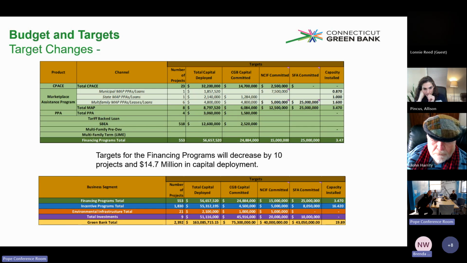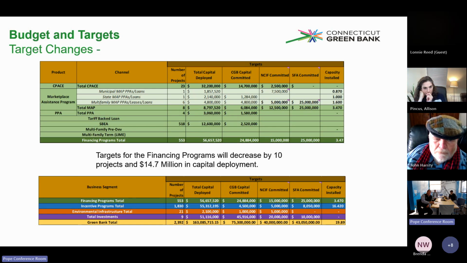Our SBA, the Small Business Energy Advantage, that's in line with the original forecasts. We're proposing two changes, one on the Marketplace Assistance Program and one on the PPA line here. I'll start with the Marketplace Assistance Program.